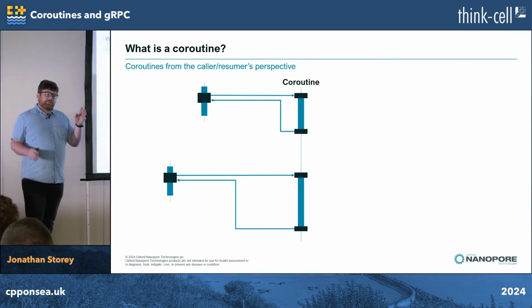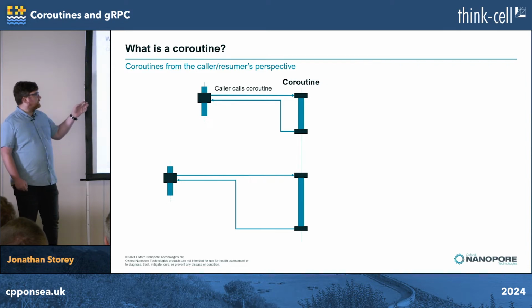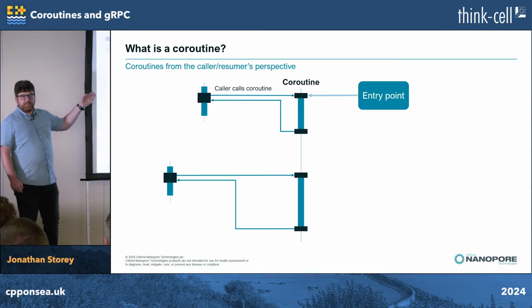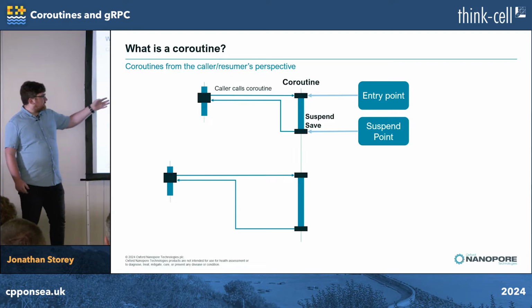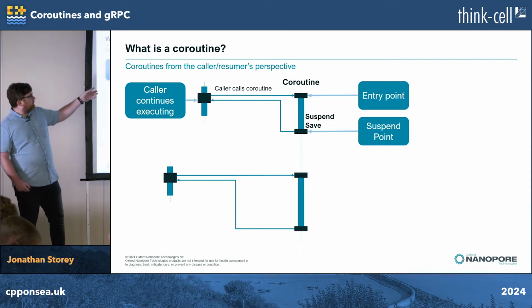But now let's look at the perspective outside the coroutine. This is someone that's calling the coroutine or resuming the coroutine. So the caller calls the coroutine, it starts executing at the entry point, gets to the suspend point, and the coroutine state is saved. This is exactly what we saw before. Then at the suspend point, control returns to the caller and the caller continues executing.